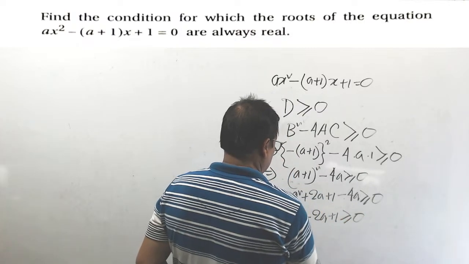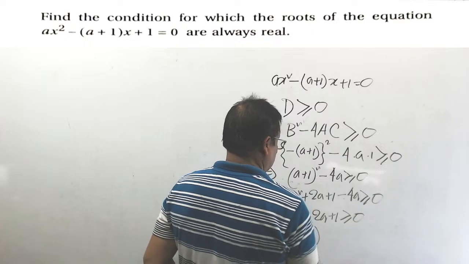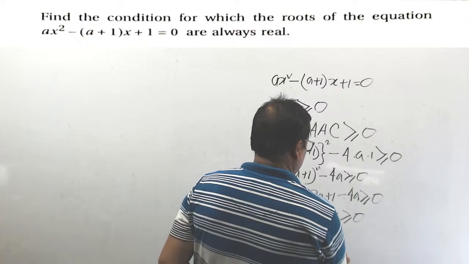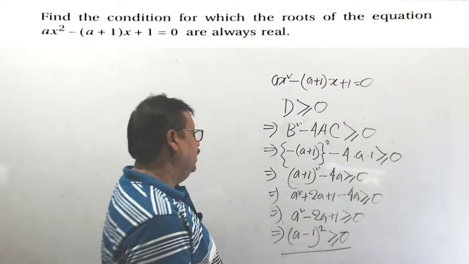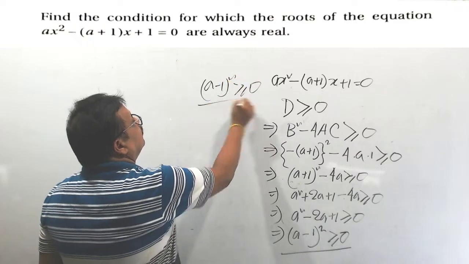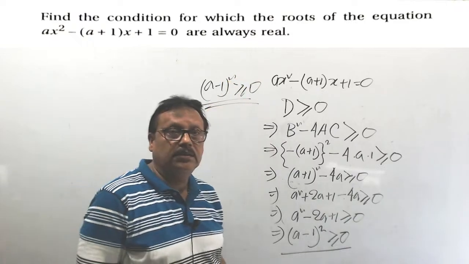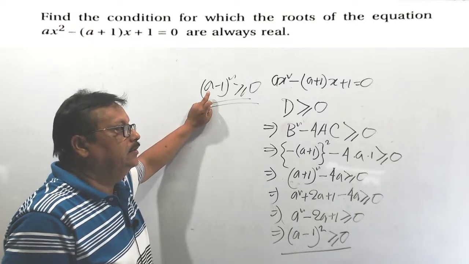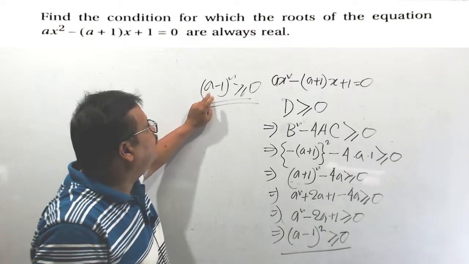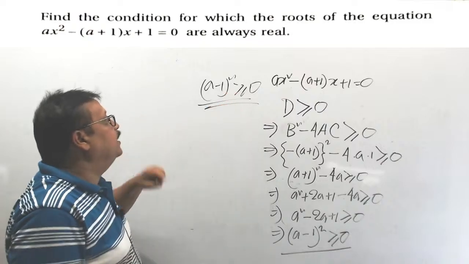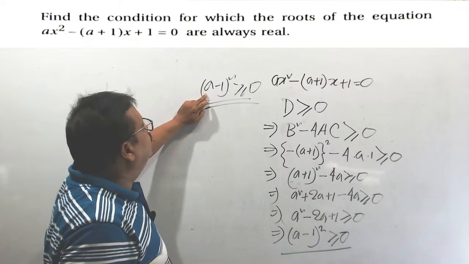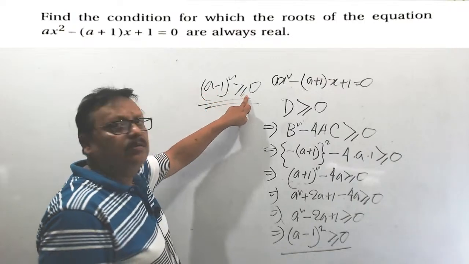This implies (a minus 1) whole square greater than or equal to 0. From this condition, what can you tell about the value of a? Only one variable came here, the coefficient of x square. If you put a equal to 0, that is 1 greater than or equal to 0.